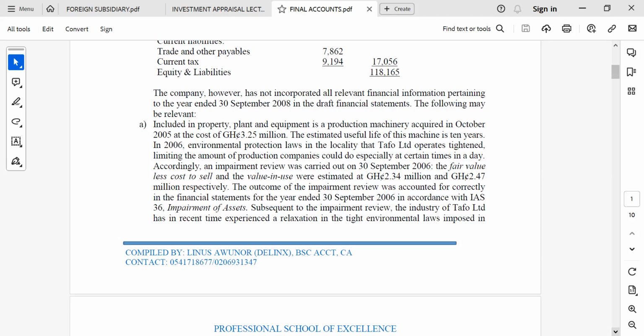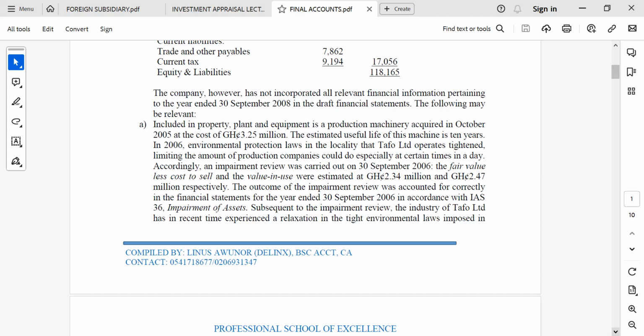Okay. In 2016, environmental protection laws in the locality that TAFO Limited operates tightened, limiting the amount of production companies could do, especially at certain times in the day. Accordingly, an impairment review was carried out on 30th September 2006.